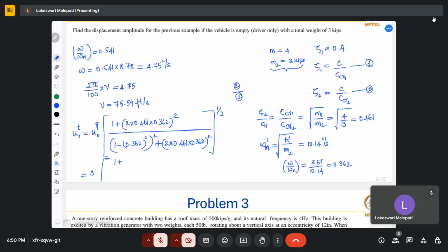One plus 0.461 multiplied by 0.362, the whole square. 0.755 plus.